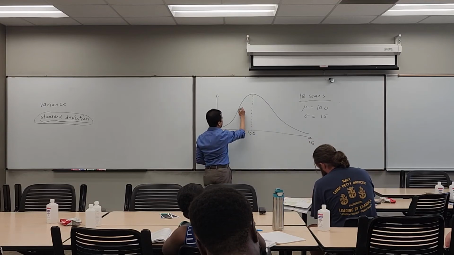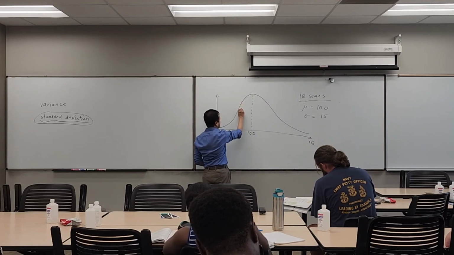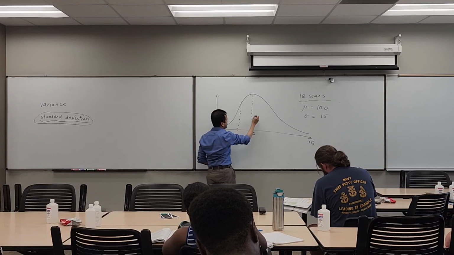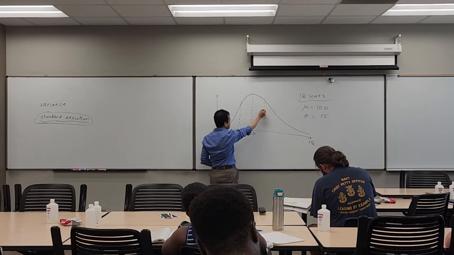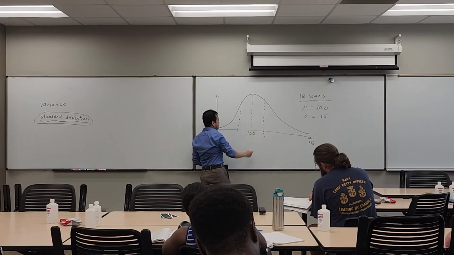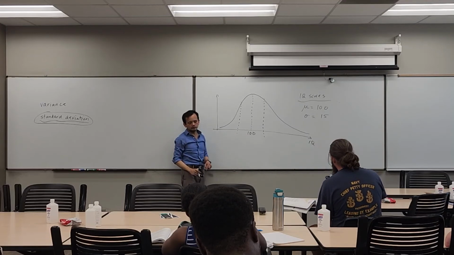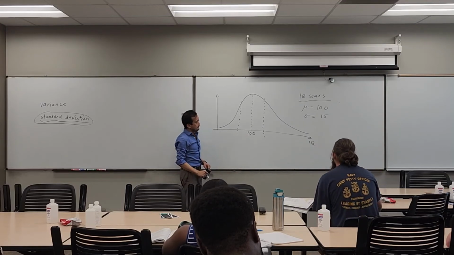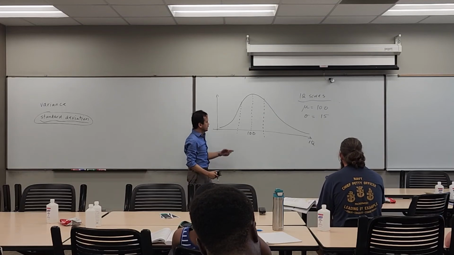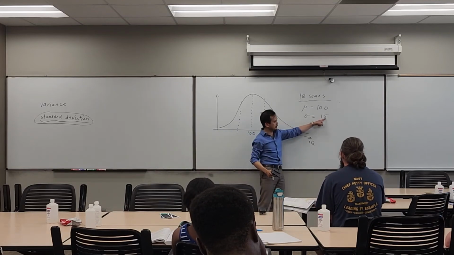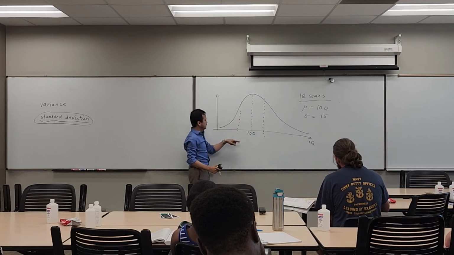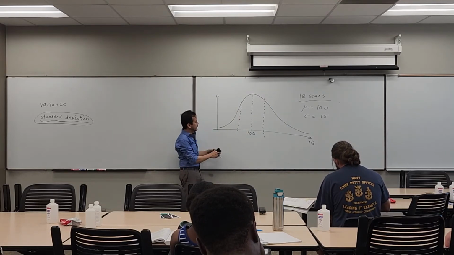It turns out that if you look one standard deviation below and one standard deviation above, one standard deviation below a mean of 100 represents what IQ score? 85. 85, good. Because one standard deviation is 15 IQ points, and going from the mean minus 15 will be 85.